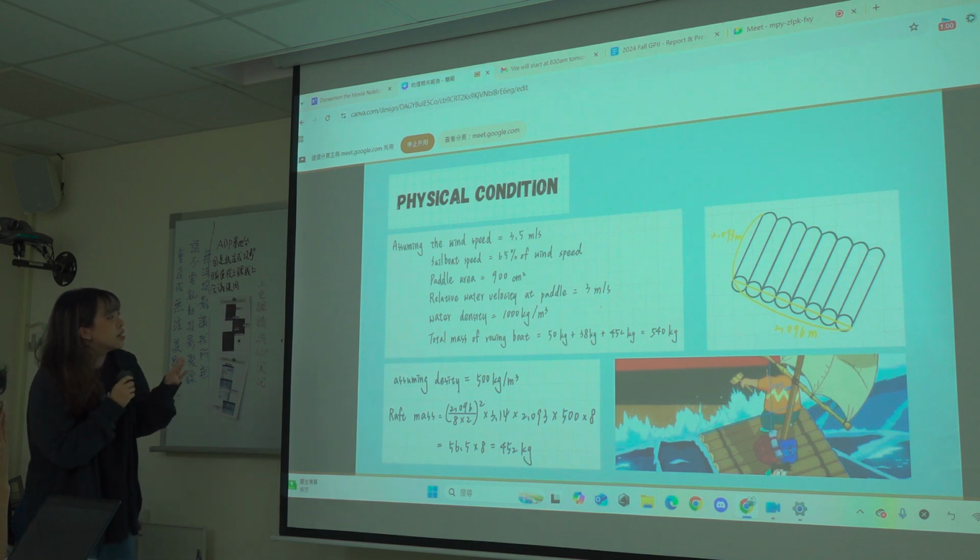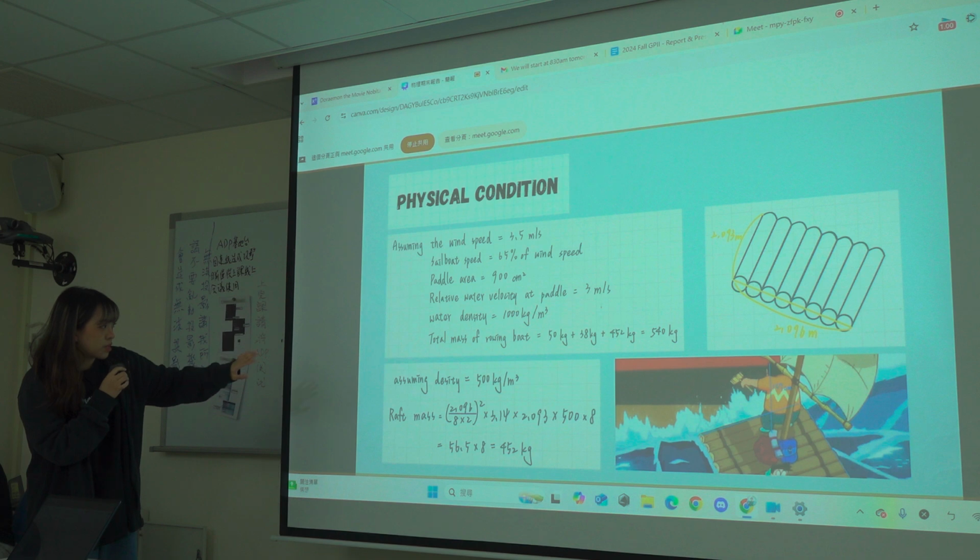And I assume the relative water velocity at the paddle is 3 meters per second. The water density is 1,000 kilograms per cubic meter.